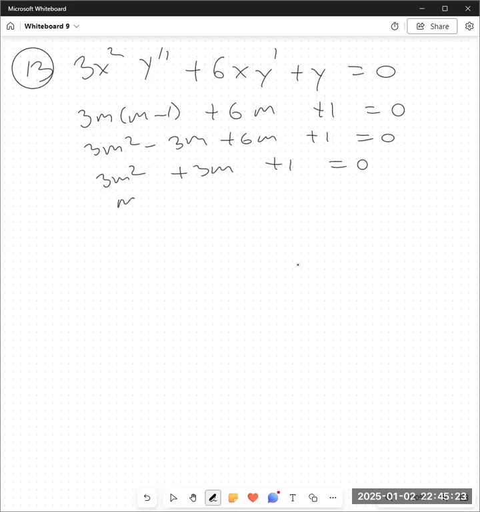This is going to be the same thing as m squared plus m plus 1/3 is equal to 0. So m squared plus m equal to negative 1/3. Half of the middle number squared is going to be 1/4.